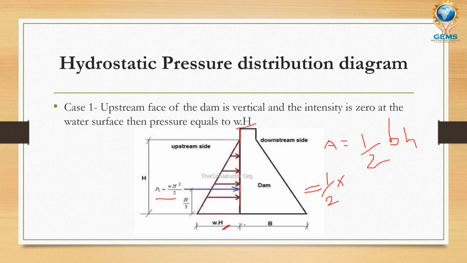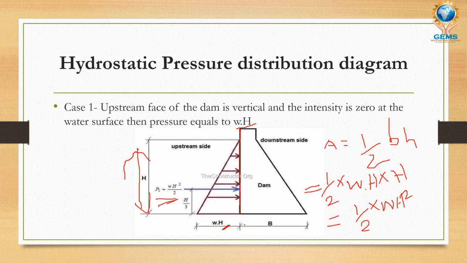It is w into H into this H, which is the overall height of the dam up to which the water is stored, the maximum capacity of the dam. It is taken as another H. If you multiply this, you get half into w into H squared. This is the pressure developed on the upstream portion.